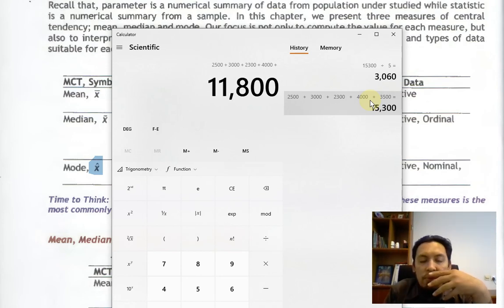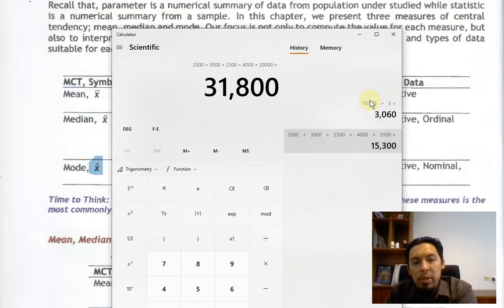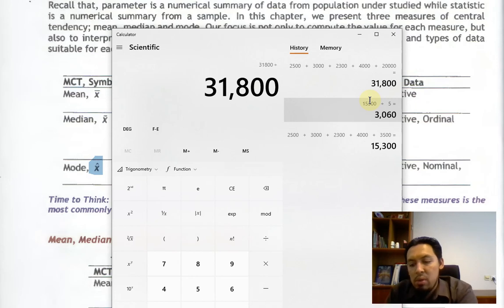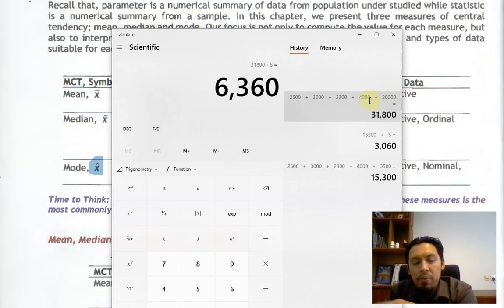But the fifth person is becoming very successful in his business, and gets a 5-figure salary. Let's say, if it's not too much, we are going to put 20,000 per month, businessman. Okay, so the total will be this, and when you divide it by 5, this is what you get.